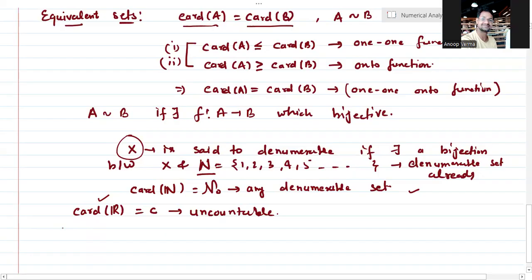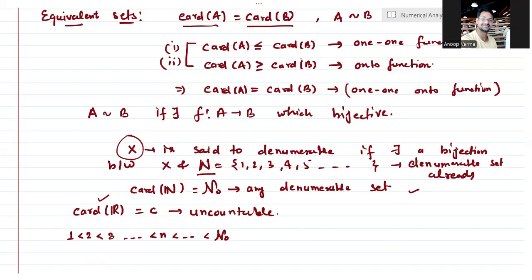So remember easily: 1 is less than 2 is less than 3, up to some n, which is a finite number, and then we have aleph naught. This is the increasing order of the cardinal numbers of sets.